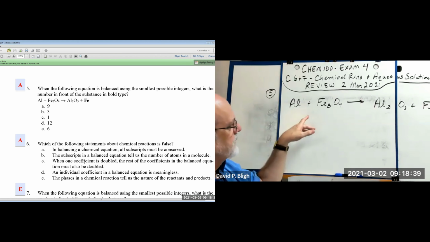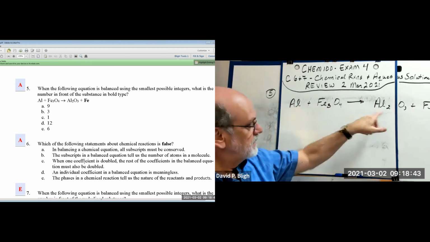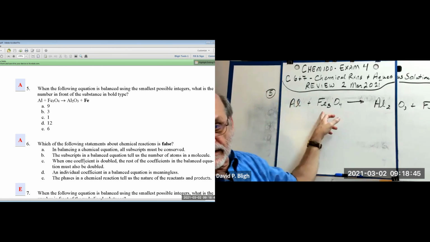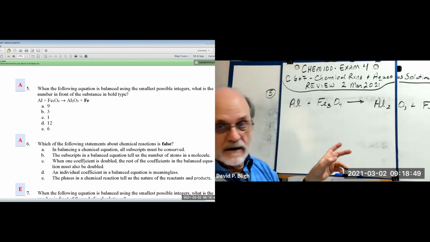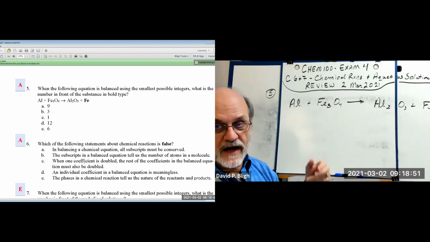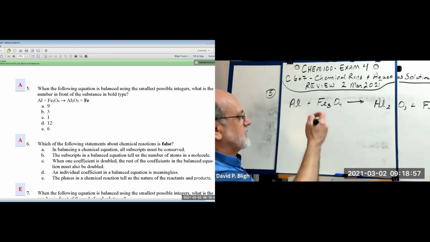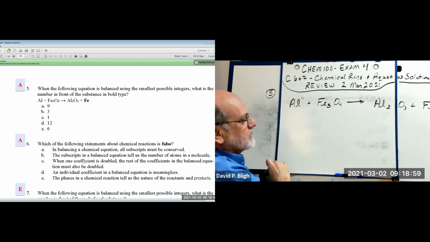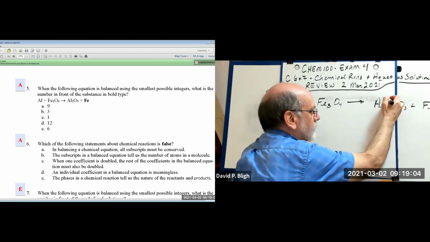But I would point out that there's an element, there's a compound. There's an element in a compound here. So we know what type of reaction this is. Well, actually, it's one of two different types. This is an oxidation reduction reaction. You've gone from zero oxidation state here to an oxidation state of 3+ here.